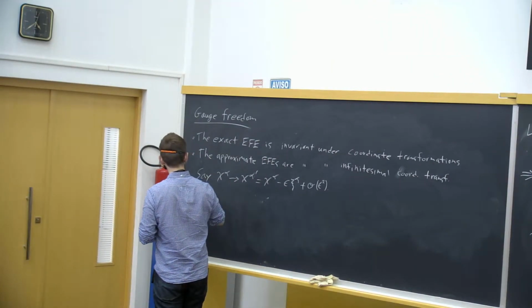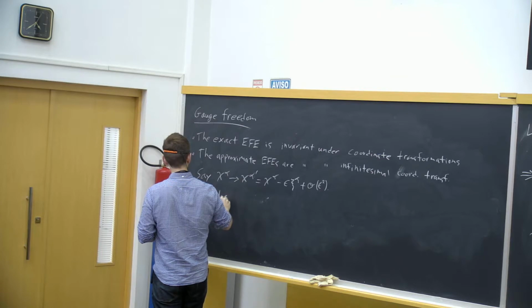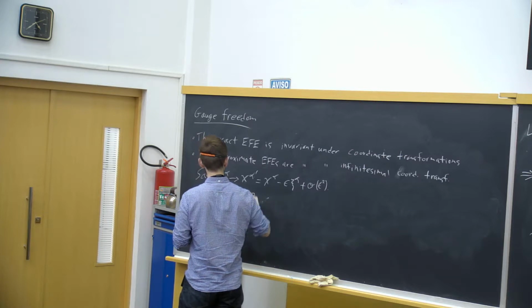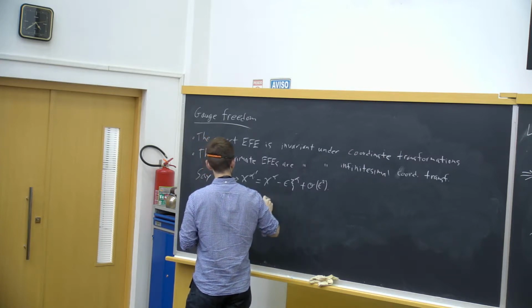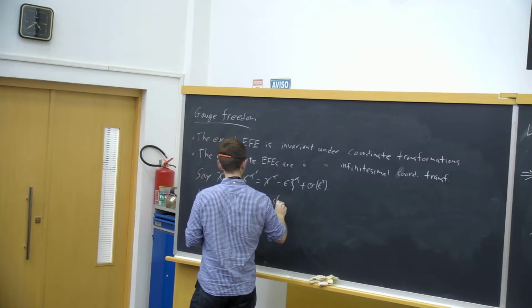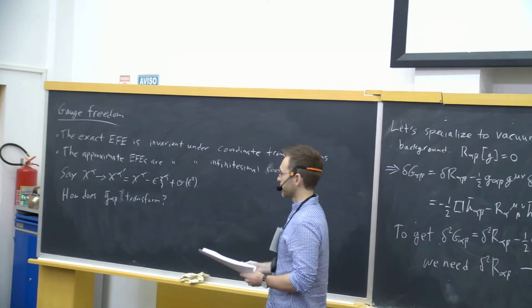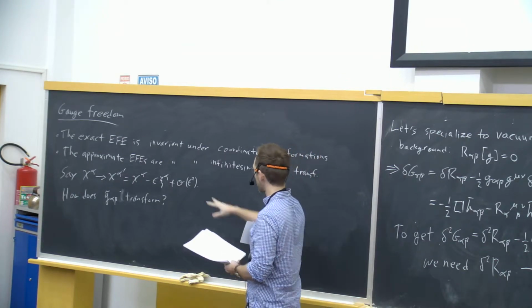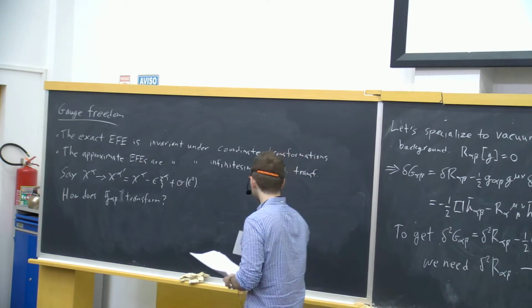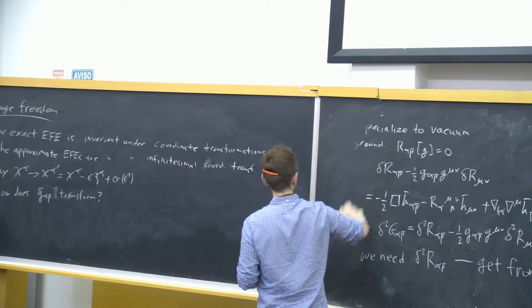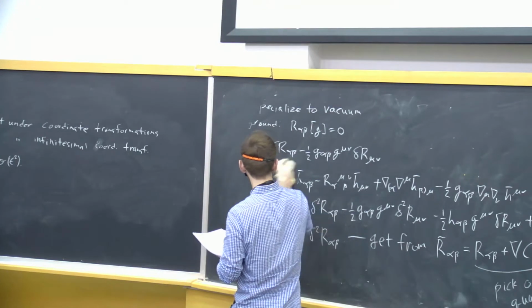So under that transformation, how does the exact metric transform? Well, it transforms just as it does under any coordinate transformation, but we're going to use an expansion in powers of epsilon to pick off how each piece of g tilde is affected by this transformation.